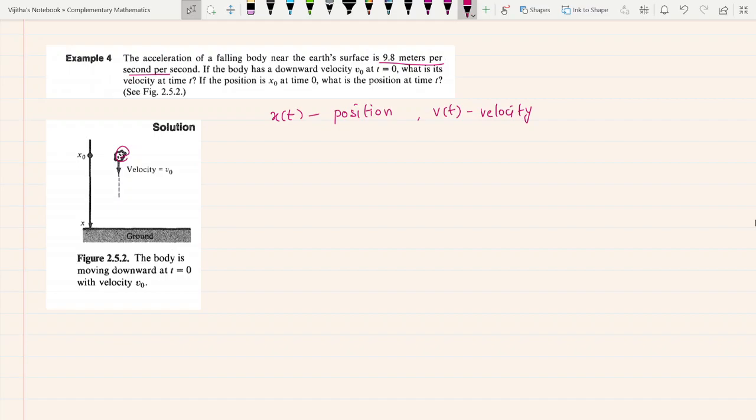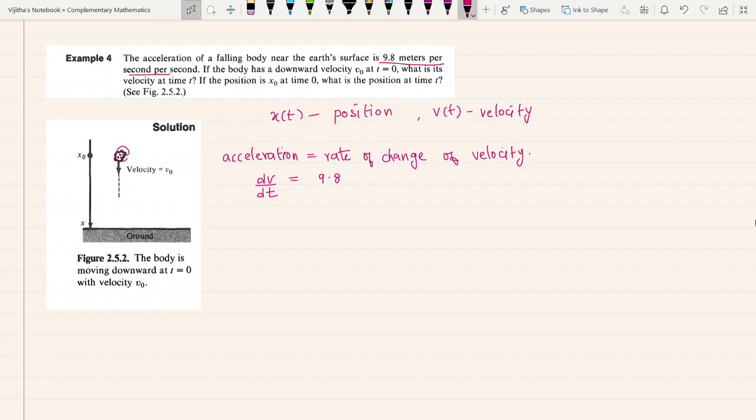So we know that acceleration is nothing but rate of change of velocity. So we can write that dv by dt, that is rate of change of velocity, is acceleration, and it is given to be 9.8.